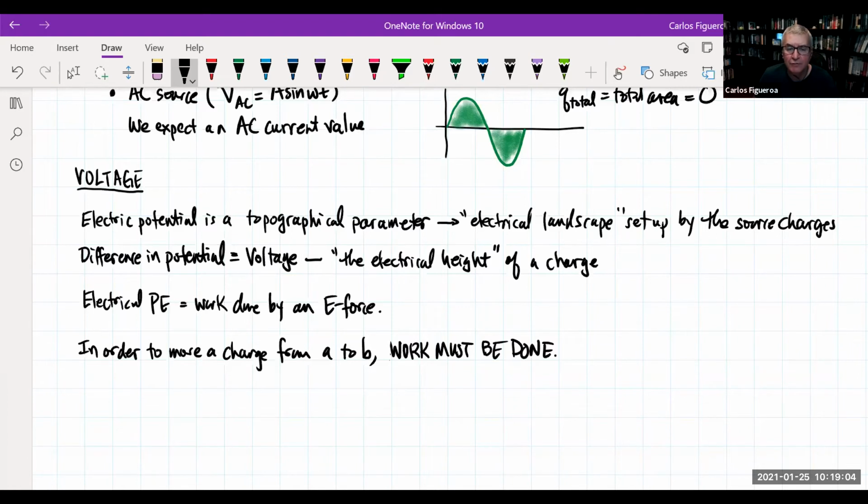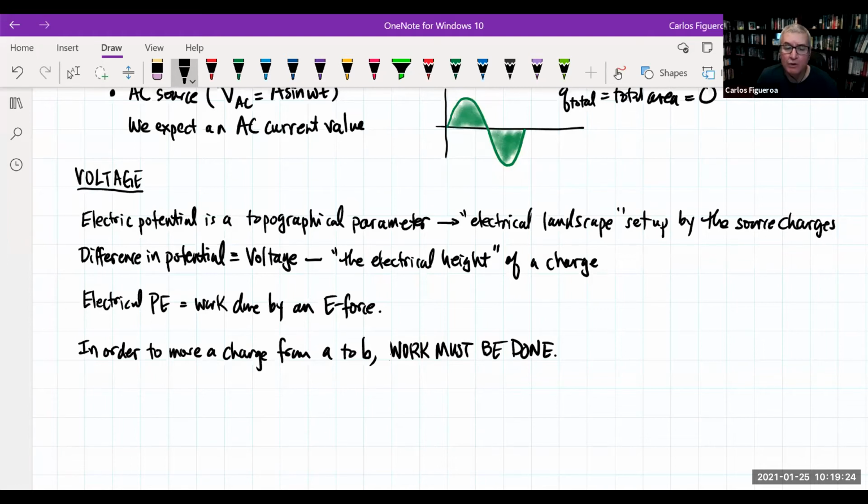Forces require differential equations. Energy involves linear equations. So if you can calculate the potential, then you can get the electrical potential energy. And now you can use conservation of energy, which we all agree is much easier to use. So we have to talk about the work here.